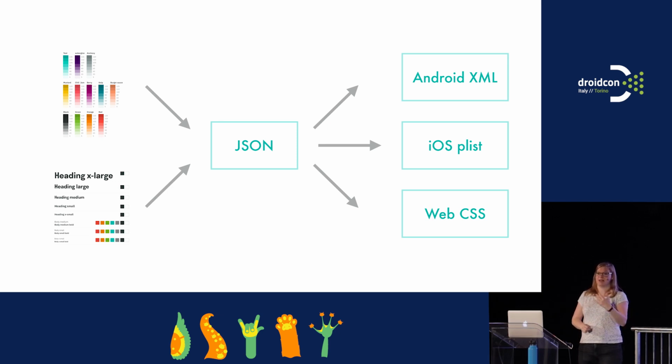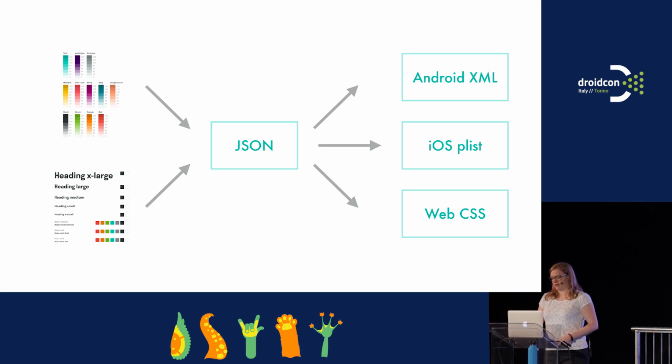So whenever these styles update, this JSON gets generated, and then it generates the platform-specific version. So Android XML resources and styles for Android. On the development side, all we have to do is pull the latest changes, and we don't have to update any of these styles manually. So that's very similar to what we're doing for icons. So I'd love to be able to get to something like this for more things.